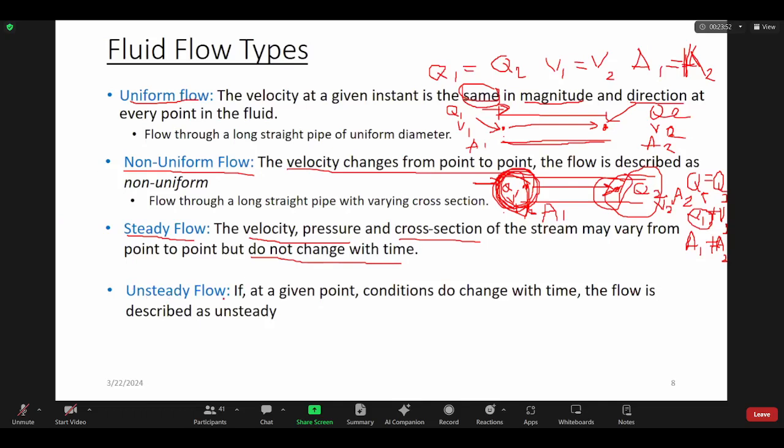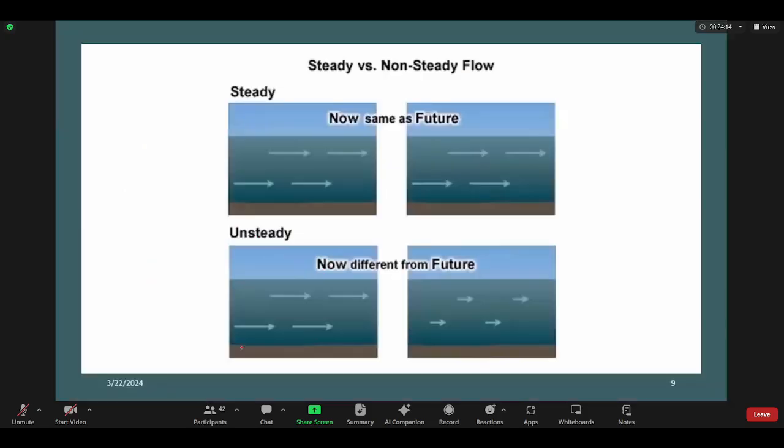So unsteady flow means main flow parameters can change with time. If at a given point conditions change with time, the flow is described as unsteady. This is an example.